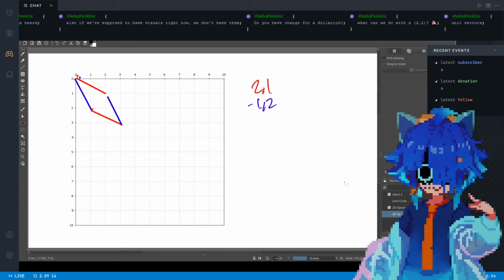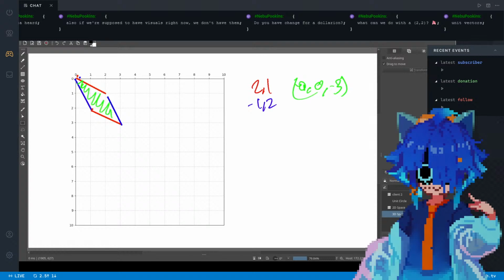And it turns out that the length of that last vector, 0, 0, 3, is equal to the area of this parallelogram.